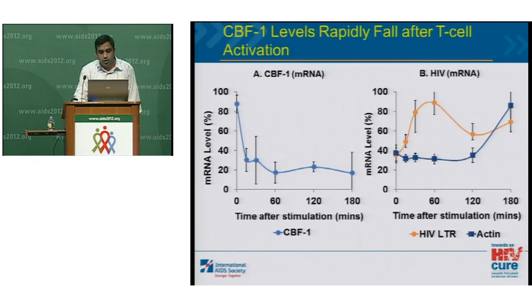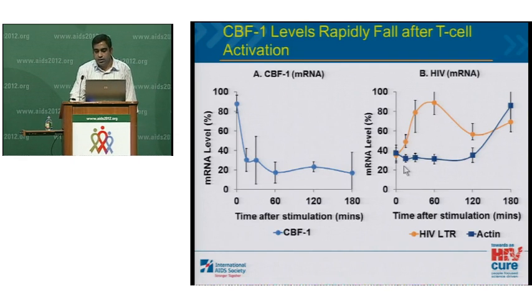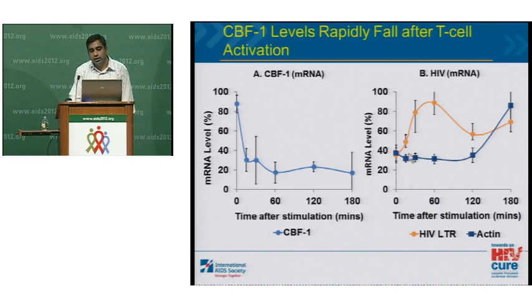But in contrast to the CBF1 level, when we analyzed the HIV mRNA level, which represents the ongoing HIV transcription, after TCR activation or T cell activation, the level of HIV transcription went up, demonstrated by the high level of HIV mRNA.